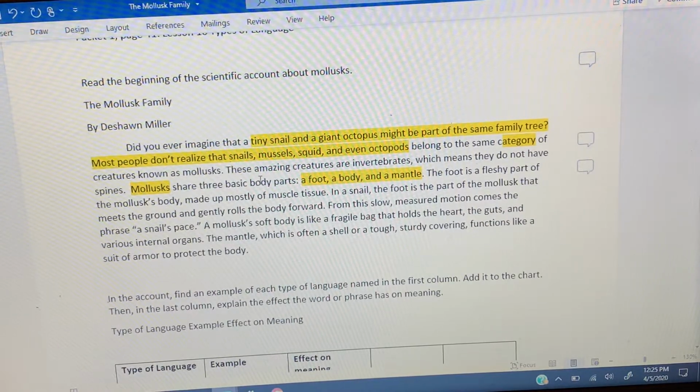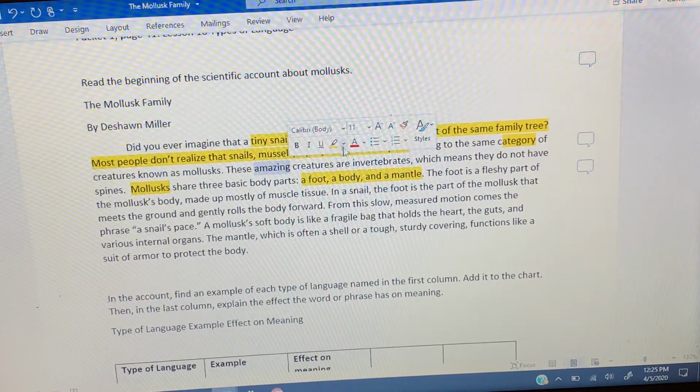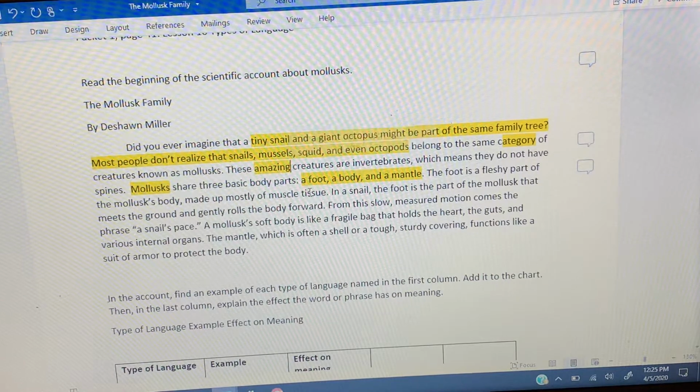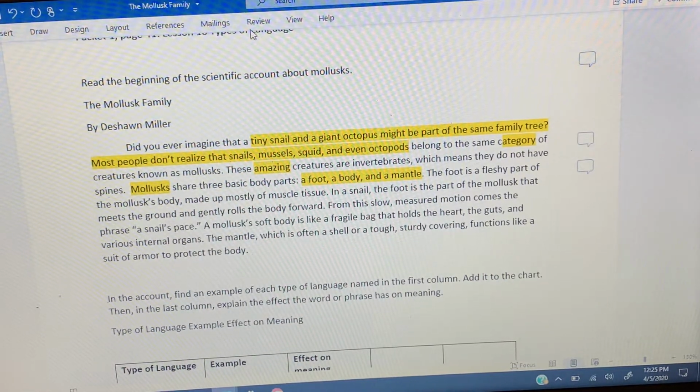And if I can pause and go back for a second, my eyes are just looking at this and I'm seeing the sentence again. It says, these amazing creatures are invertebrates, which means that they do not have spines. So the word amazing has a connotative meaning. We know that it has a positive value, a positive connotation.